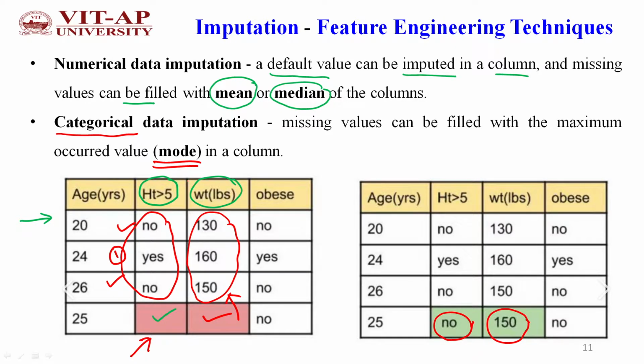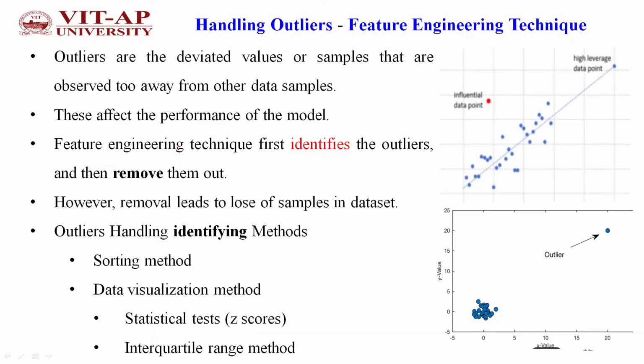So the missing values can be filled by using mean and median for the numerical values, and you can apply the statistical procedure mode for filling categorical values.